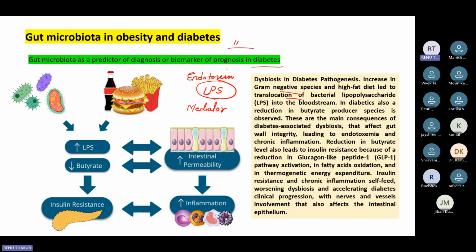It will activate the macrophages, it will activate antibody production, it will also activate the complement pathway. So through so many different ways, your immunity will try its best to remove or eradicate this LPS, because this LPS is acting as an inflammatory mediator.